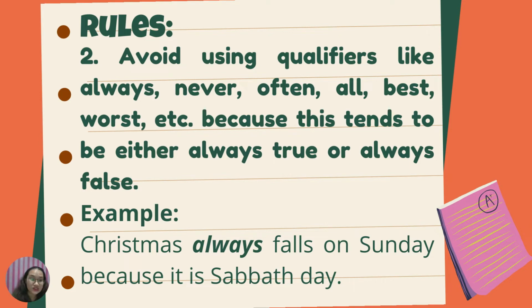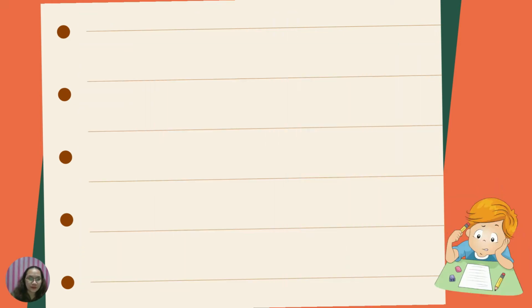Here in this question, the answer is false. It's because Christmas is not always on Sundays. It depends on what day of the week Christmas will fall. It doesn't necessarily mean that Christmas is always on Sundays. Alright, number 3.